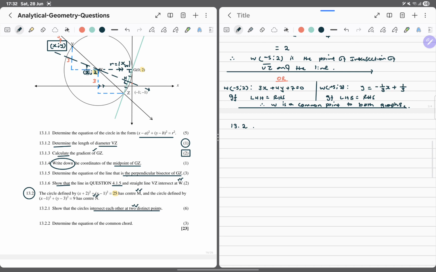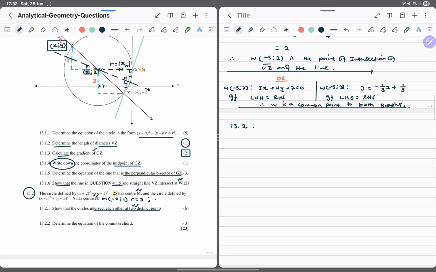Of course, guys, if we look at these circles, what would be the center here? M is going to be (minus 2, 1). So this is in the second quadrant, and the radius here is going to be 5.